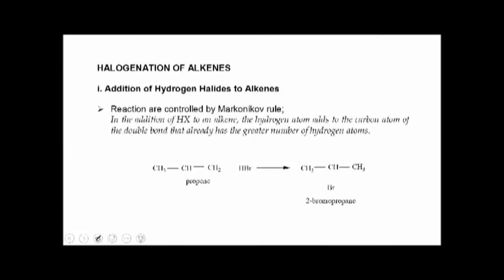Okay, so now halogenation of alkene, these are additions of hydrogen halides to alkene. Another way to make alkyl halide is through addition of hydrogen halide. So what it will actually do is, say you have something like that, and then you want to add HCl.